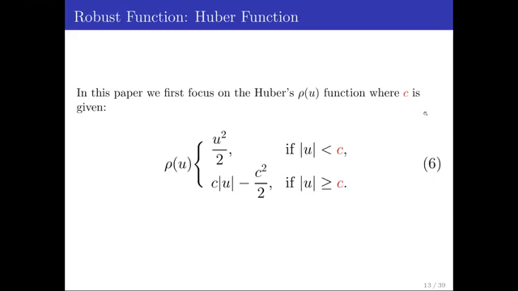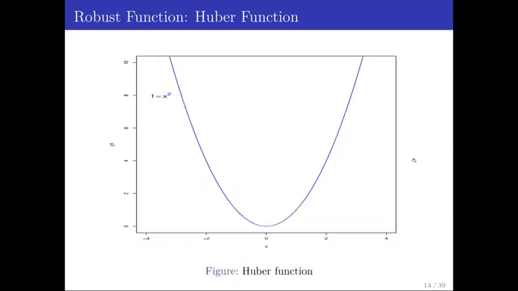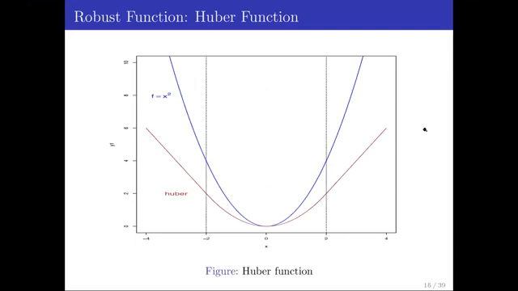And perhaps one plot will help you get an impression of why we think the robust function works. So this blue line here stands for the square function, correct? And the brown one here is the Huber function. If we just look at the range inside -2 to 2, we see that the difference between the Huber function and the square function is just tiny, right?